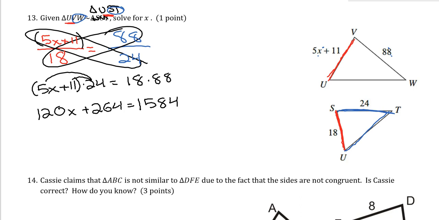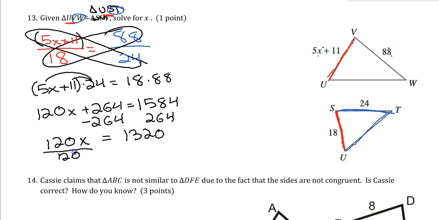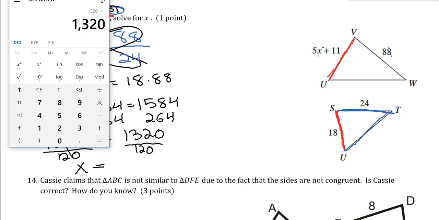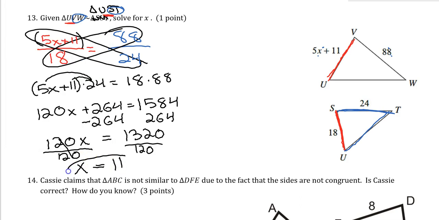So I'm going to subtract 264 from both sides, and I get 120x equals, well, 1584 minus 264 is 1,320. And then I'm going to divide by 120. I get x equals 1,320 divided by 120 is 11. So x equals 11.